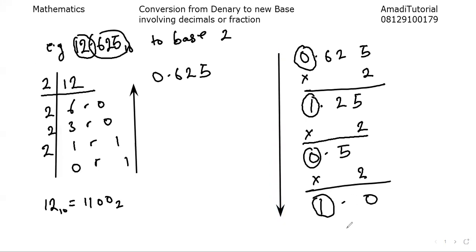So 0.625 base 10 is equivalent to what from top down?